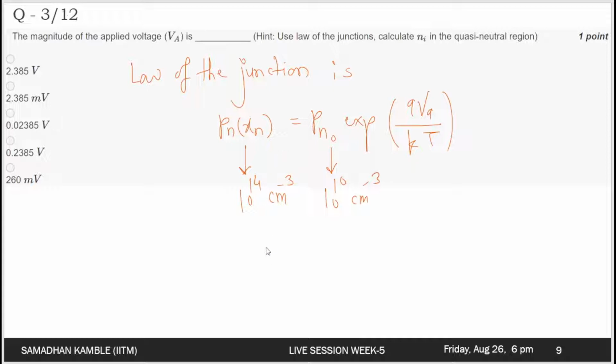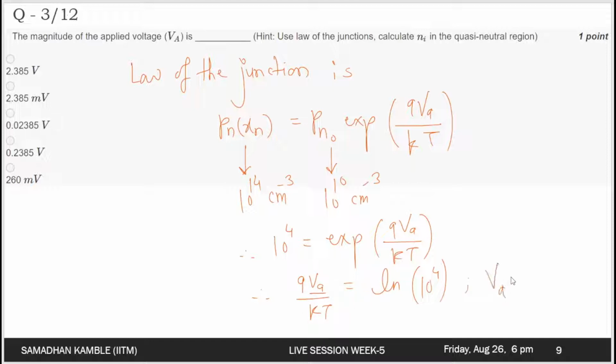So let us just simplify this. We will have 10 to the power 14 by 10 to the power 10, that is 10 to the power 4, equal to exponential of QVA by KT. Let us take a logarithm on both sides. We'll have QVA by KT equal to logarithm of 10 to the power 4, and we know the KT by Q value for the temperature 300 Kelvin, so we can substitute here and get the value of VA.